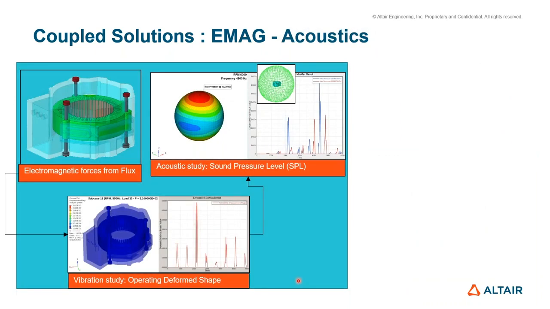Electric motors are also a little complex because we would like to look at the acoustic side of it. On the left side of the screen, I have electromagnetic forces from Flux, and we would like to study the noise. We want to predict the noise at different RPMs.